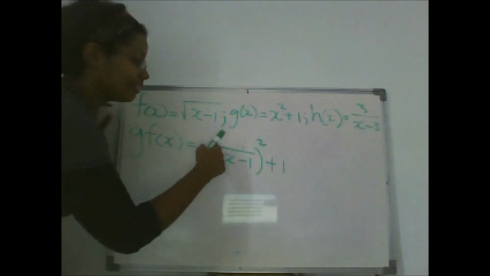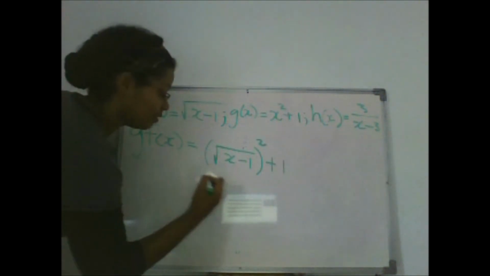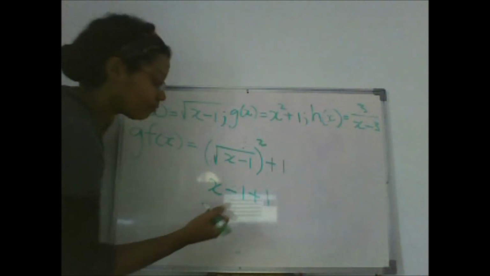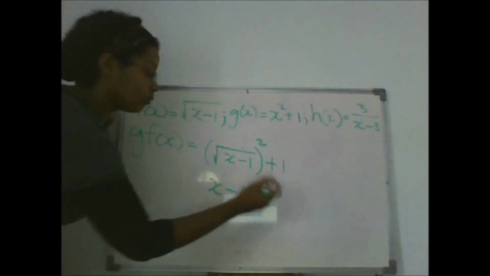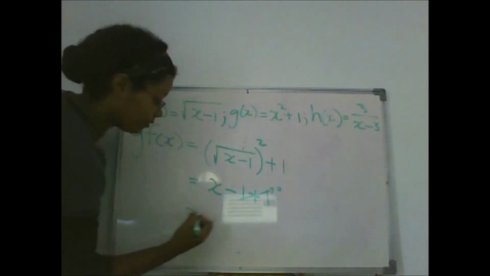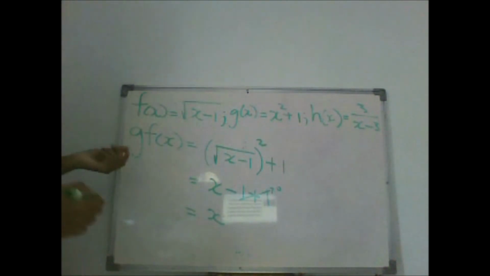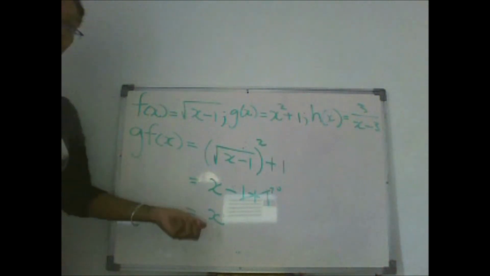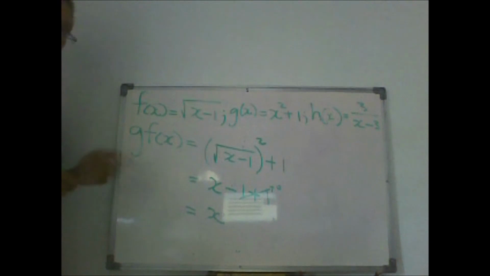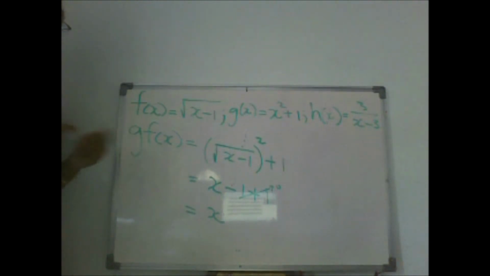So the square cancels the square root, and we're left with x minus 1 plus 1. Minus 1 plus 1 is 0, so we are left with x. So g of f of x is equal to x. Just like before, f of g of x was equal to x, but that doesn't always work, where you turn them around and you get the same answer.